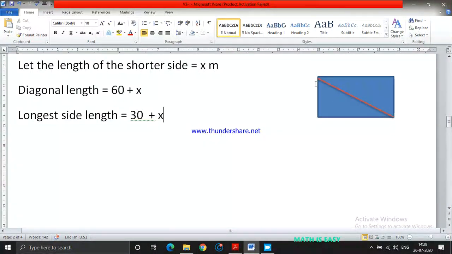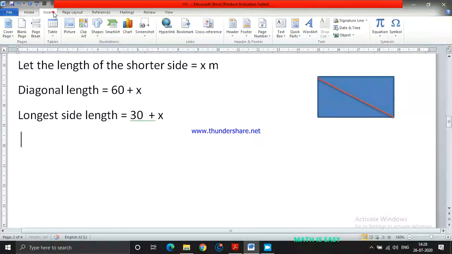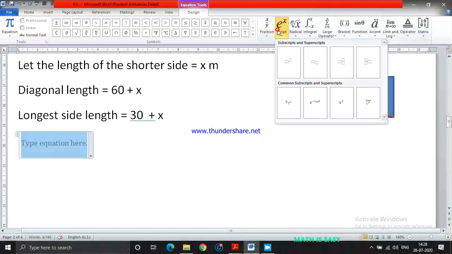So what is the relation between these three sides? Can I say in a rectangle the angle is 90 degrees, so this will become a right angle triangle. If this is a right angle triangle, then I can apply the Pythagoras theorem. What the Pythagoras theorem says: diagonal square equals the sum of the squares of the sides, so shorter square plus longer square.